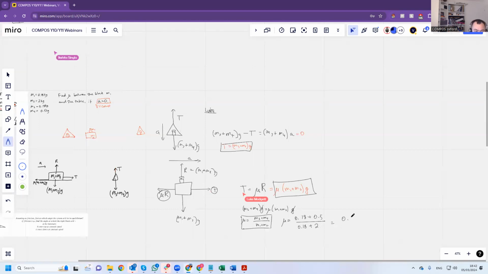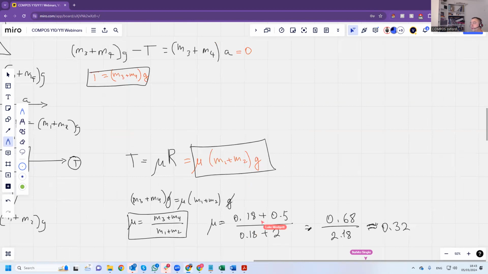So 0.68 over 2.18. Doesn't look pretty, but 0.68 divided by 2.18 is 0.32. It's approximate. So it's approximately 0.32. Okay.